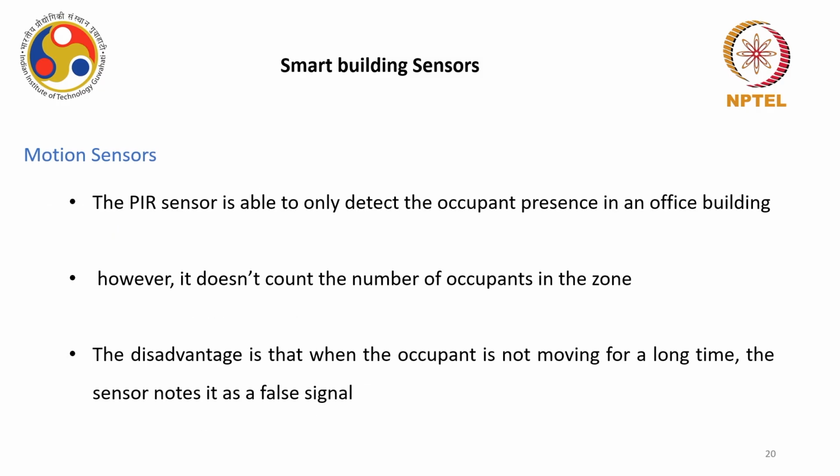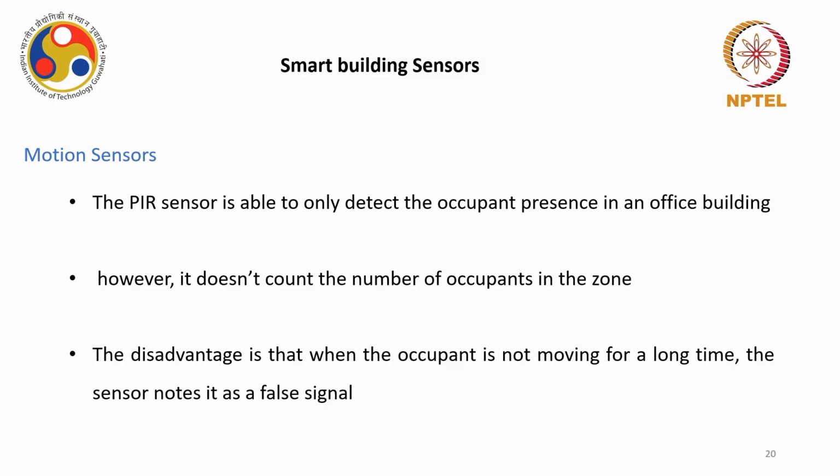We have talked about passive infrared sensors in more detail in module 9. The PIR sensor is able to only detect occupant presence in an office building. However, it doesn't count the number of occupants in the zone. The disadvantage is that when the occupant is not moving for a long time, the sensor notes it as a false signal.